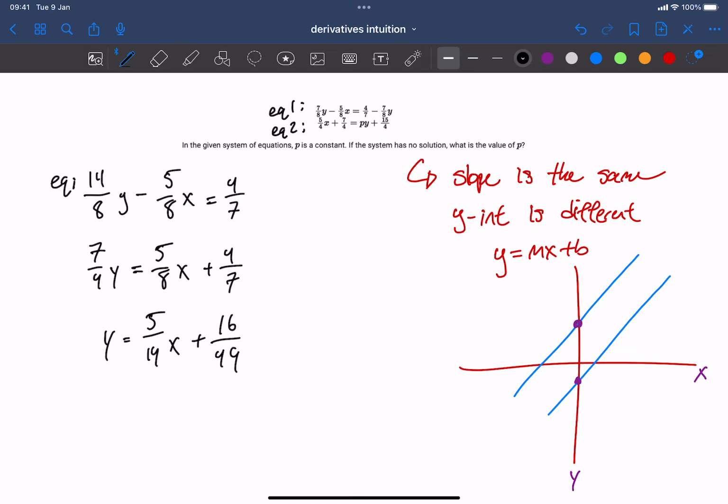Pretty much we're multiplying by 4 over 7 because we're dividing both sides by 7 over 4.